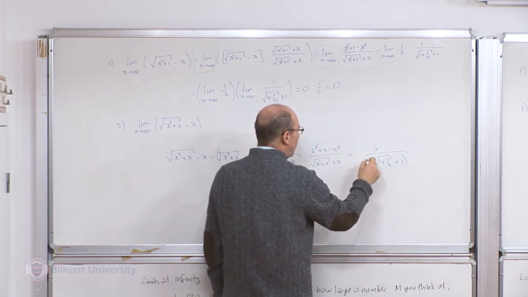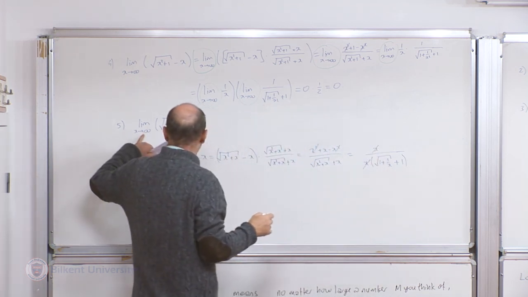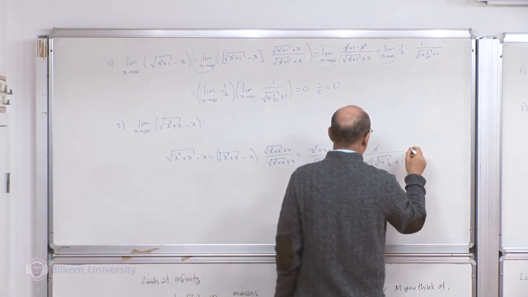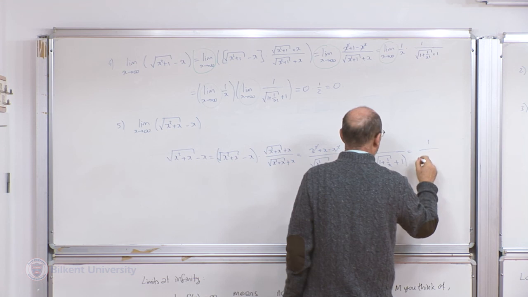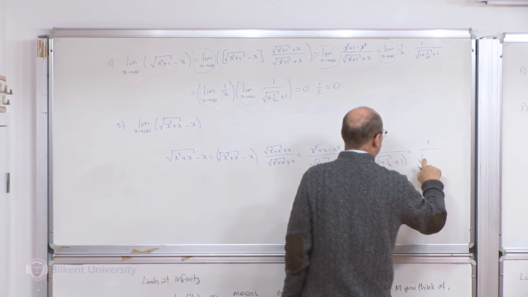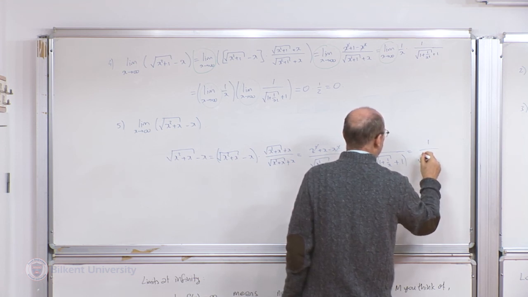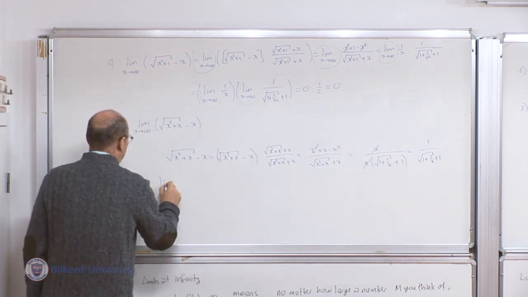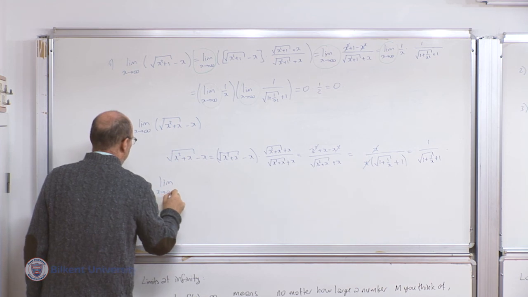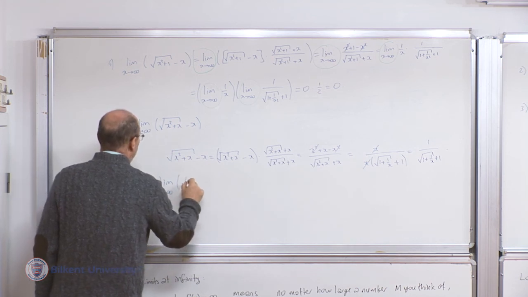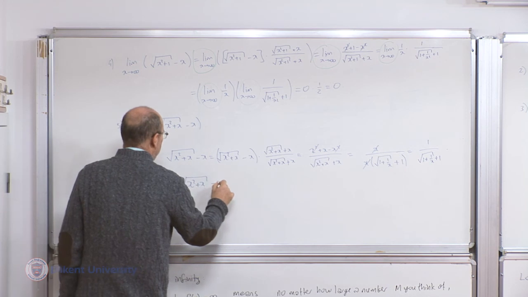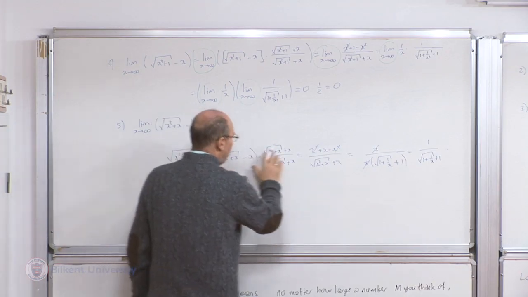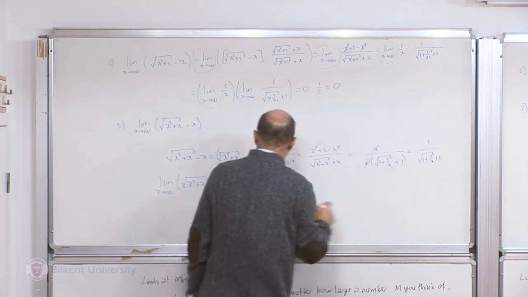Now these cancel because I will eventually go to infinity, so x will be away from 0. So this is 1 over the square root of 1 plus 1 over x, plus 1. Now finally I write limit as x goes to infinity of this expression. This is equal to the limit as x goes to infinity of 1 over the square root of 1 plus 1 over x, plus 1. I managed to change it into this form.